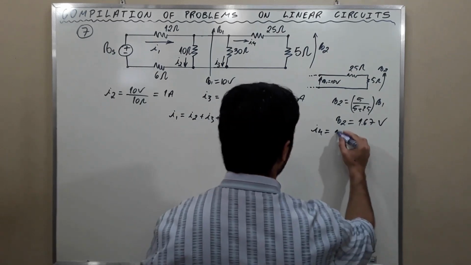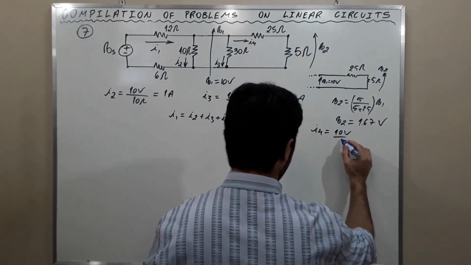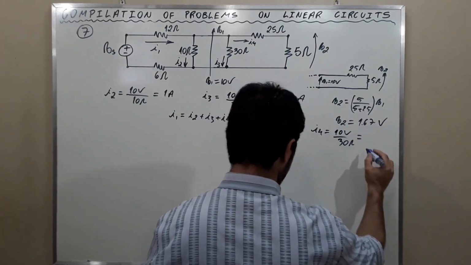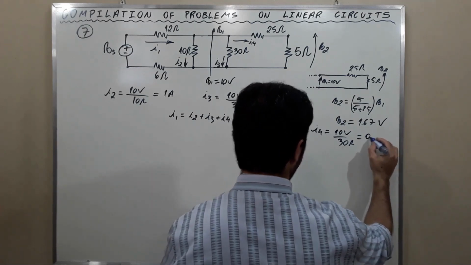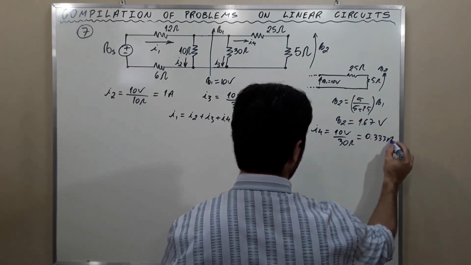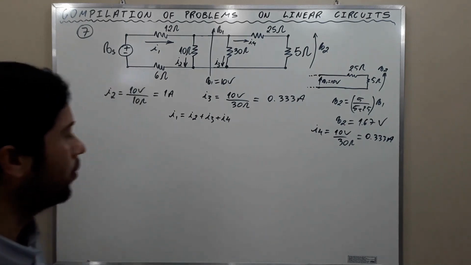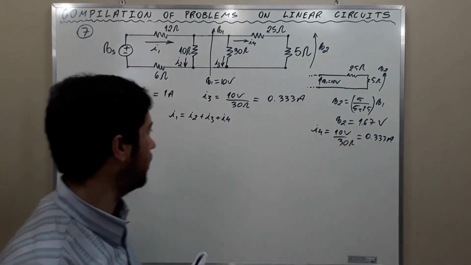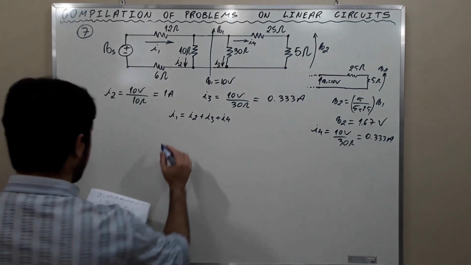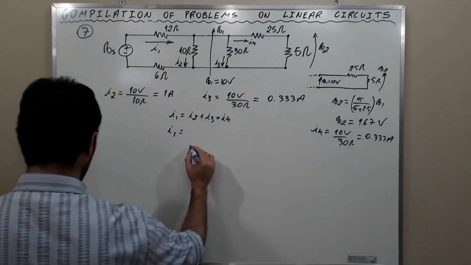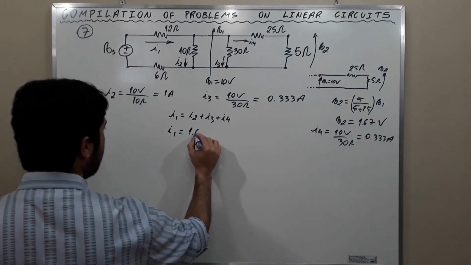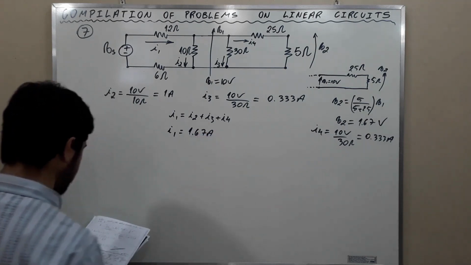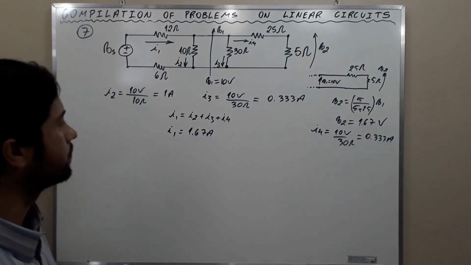So it is 10 divided by 30, and it is 0.333 amps again. So we have two currents of equal value here, and I1 will therefore be 1.67 amps. All right?